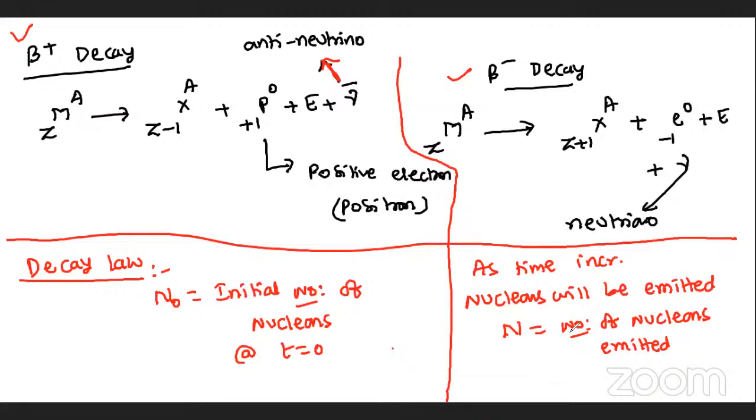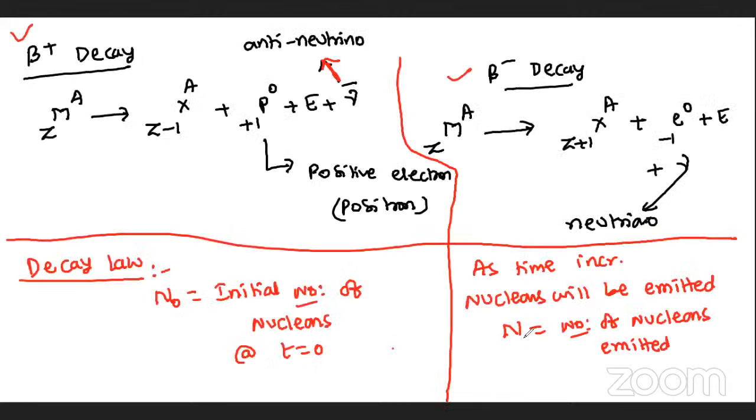So as time increases, the number of nucleons emitted will increase. So that means the number of nucleons emitted is n. Let us consider it is N1. N1 is the number of nucleons emitted.